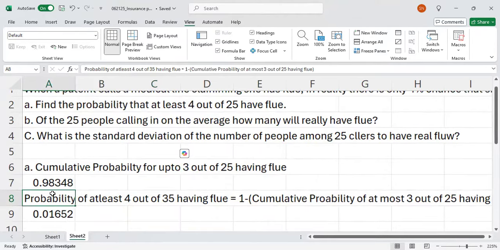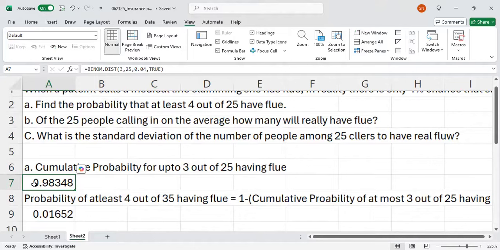That is given by this formula, which is equal to BINOM.DIST. We want to add up the cumulative probability, that is, we add 0, 1, 2, and 3. So BINOM.DIST, 3 is the last number that we want to add starting from 0.